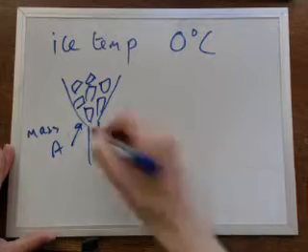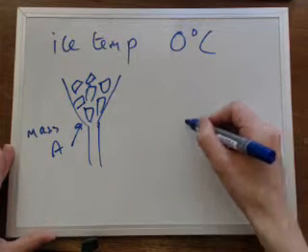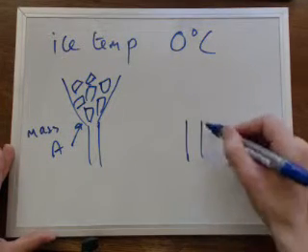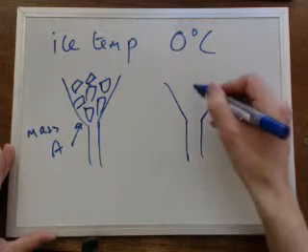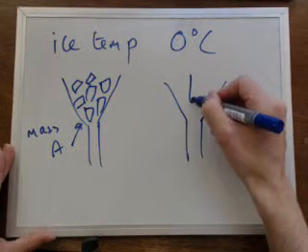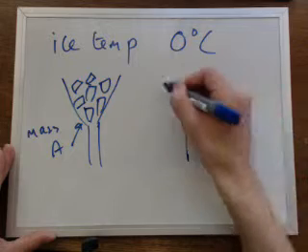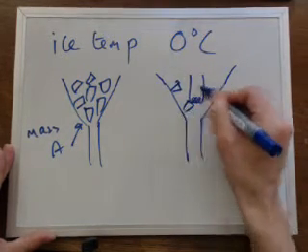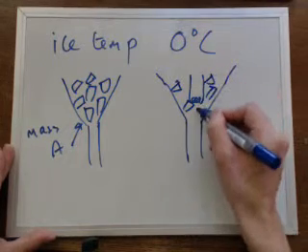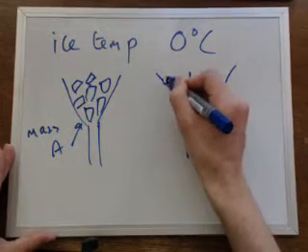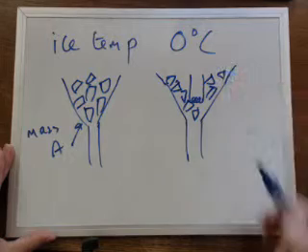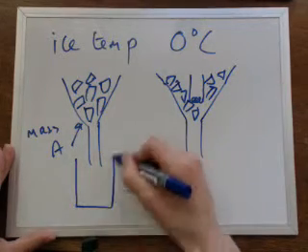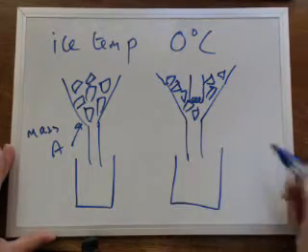A. We also want another filter funnel with exactly the same amount of ice in, but this time we'll make ourselves a little heater. So we've got the same amount of ice in here, and then we'll have a heater, and we'll collect the water from both.